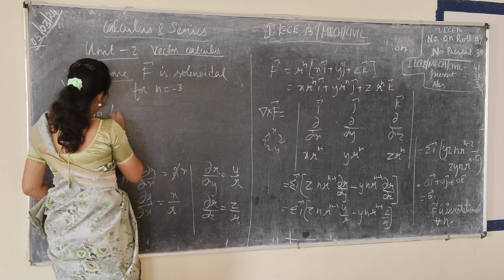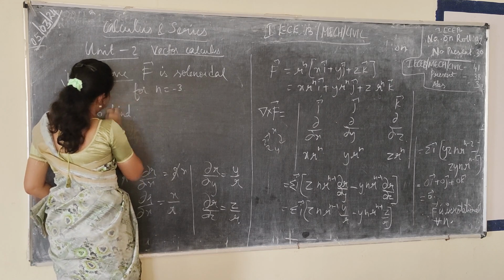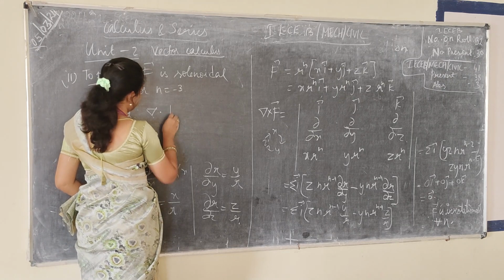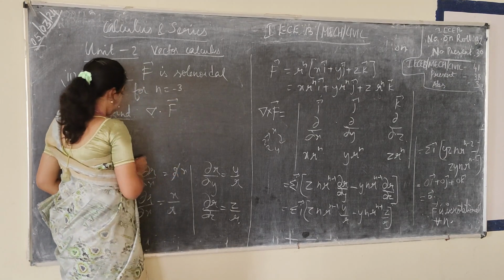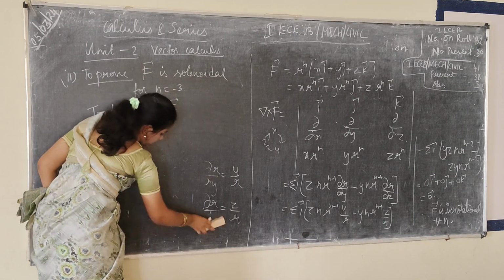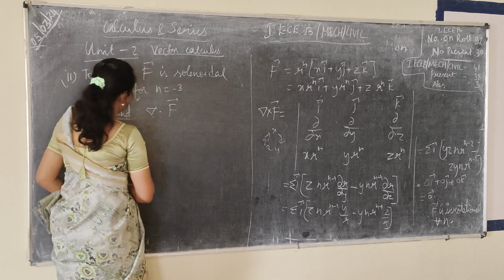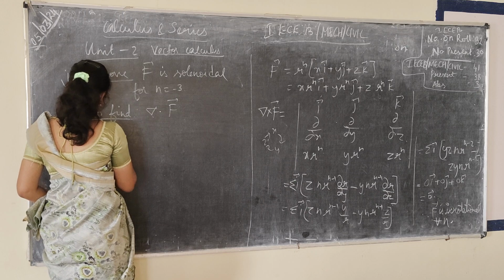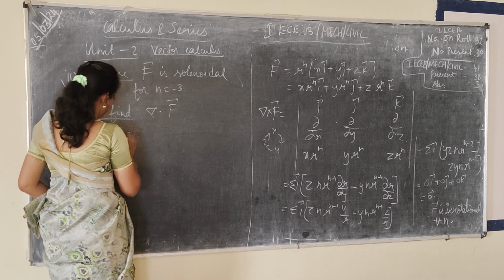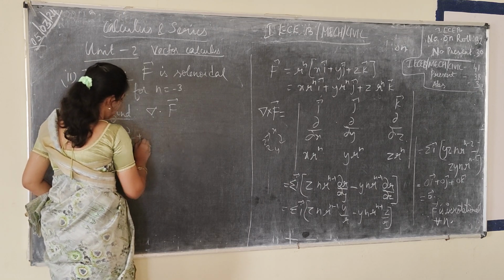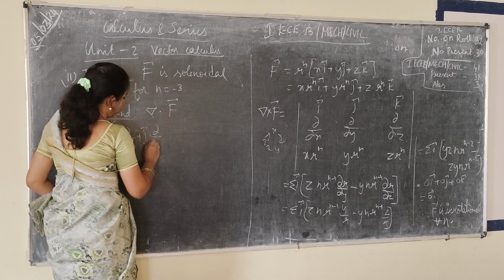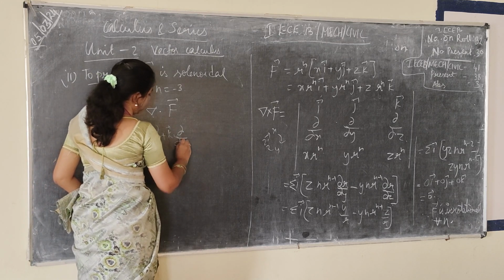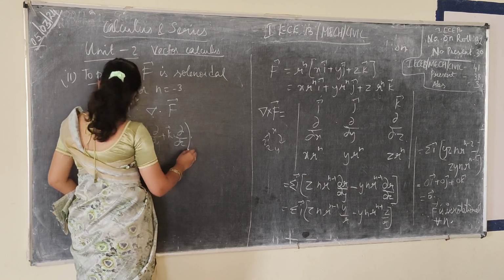So to find del dot f vector. What is there? Dou by dou x i vector plus j into dou by dou y plus k into dou by dou z, dot.